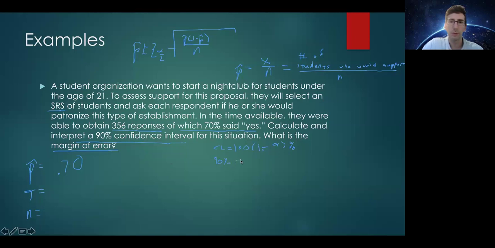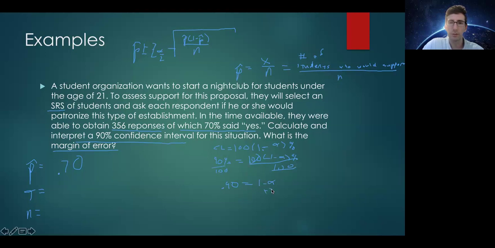So if we divide both sides by 100, we're basically just getting rid of this 100 on this side. This goes from a percentage to a decimal. And then we're just left with the 1 minus alpha from the inside.